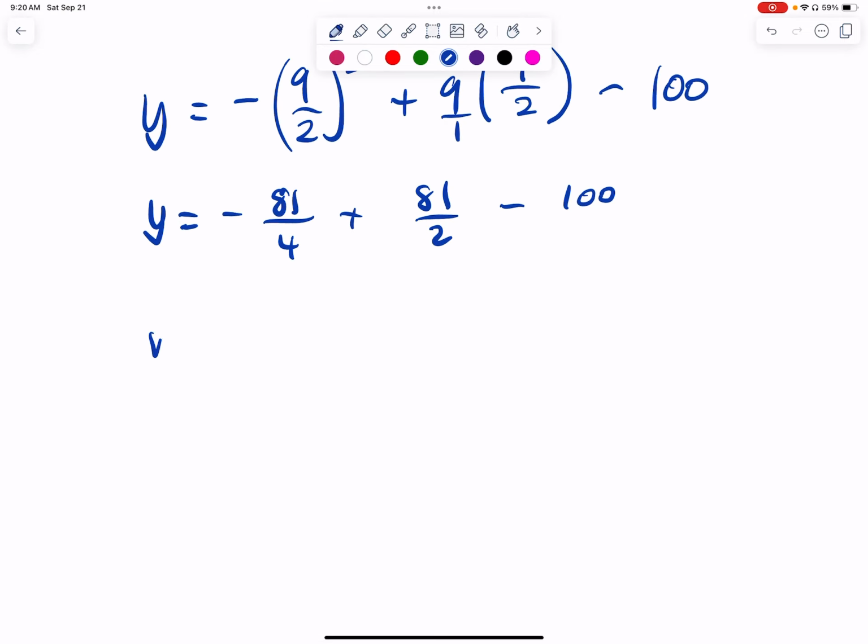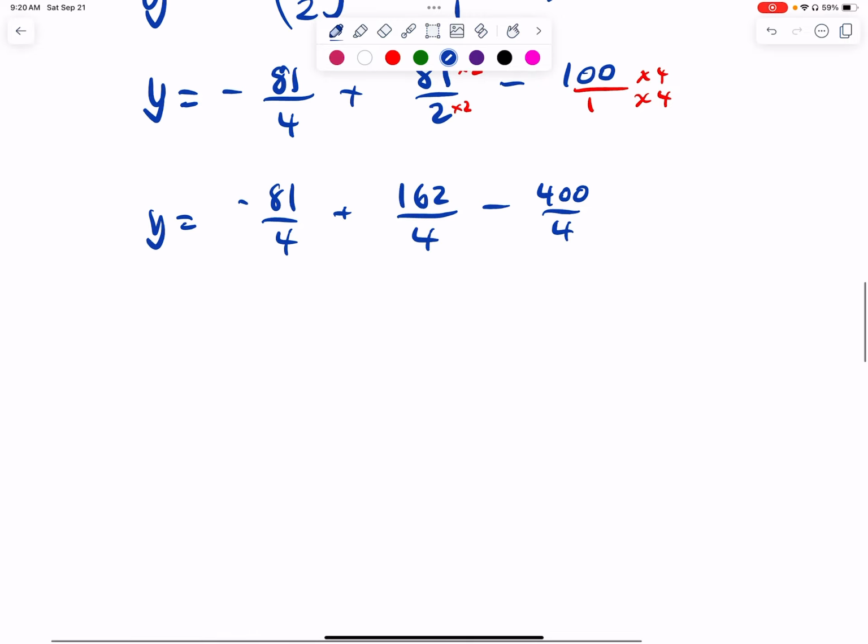Y is equal to -81/4 stays. To get this 1/4, just double the top and the bottom. So 81 times 2 is 162/4. And then do the same thing on this one. Make this over 1, and then times 4 times 4. So it's 400/4, of course.